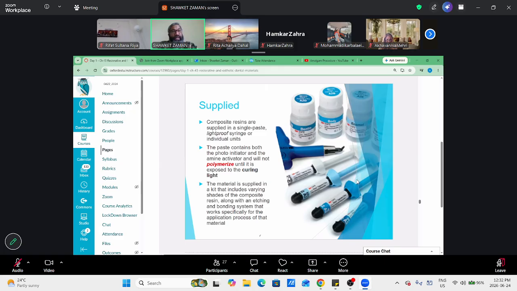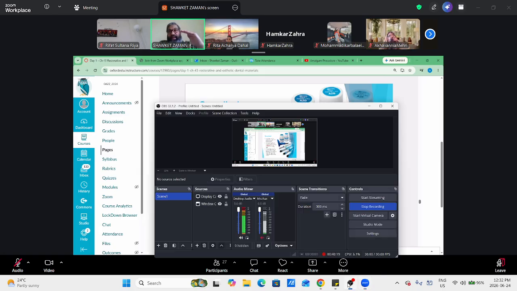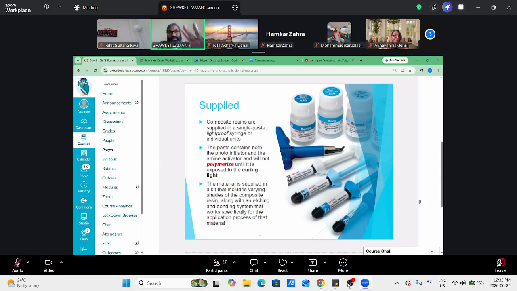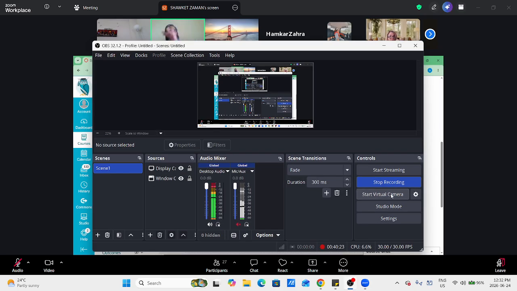But in the case of composite, once the polymerization is done, we cannot do anything. So before we go for the polymerization reaction, we add the composite filling material increment by increment, and also try to make the shape of the teeth.